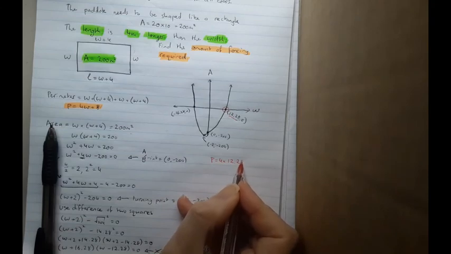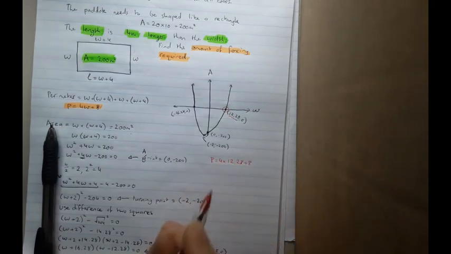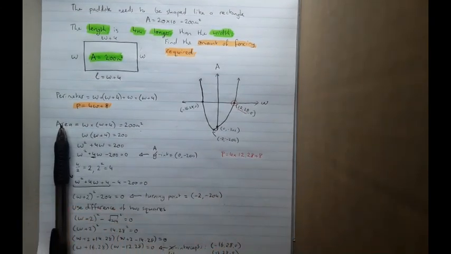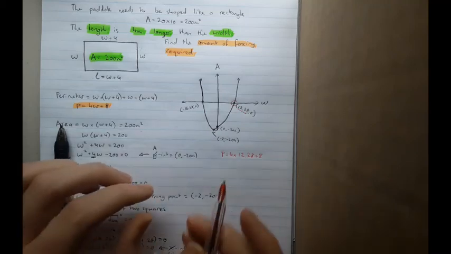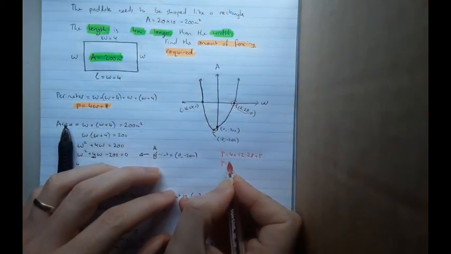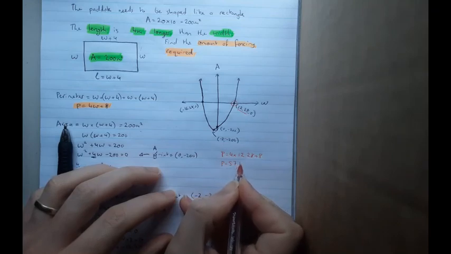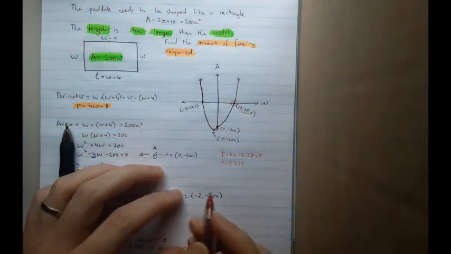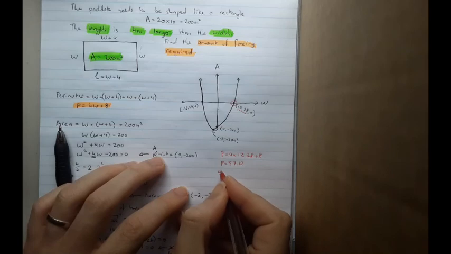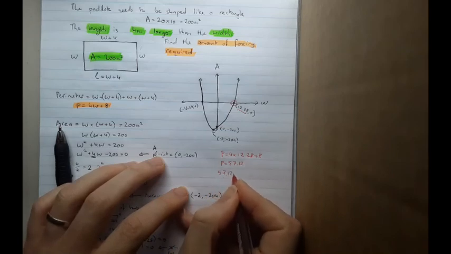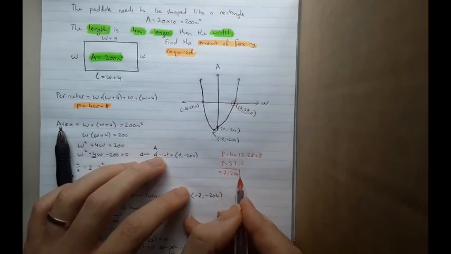Okay, and if we were to do that on our calculator, we would get 57.12. Okay, so our answer is 57.12 meters.